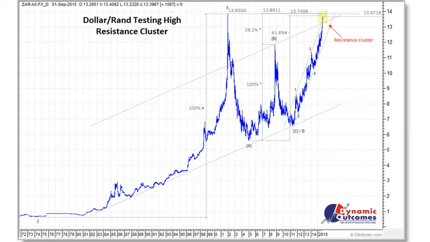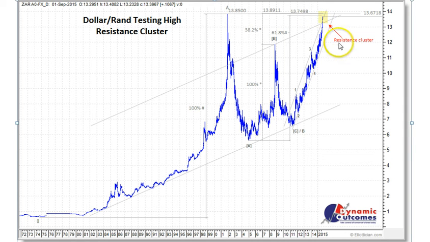So as we can see here, we've all but tested the all-time high of 1385, which was made in 2001. And what is important to see is that we are at a high resistance cluster here.